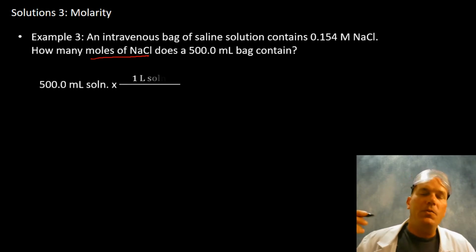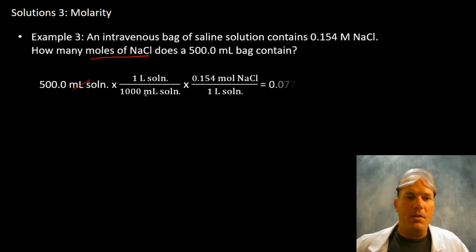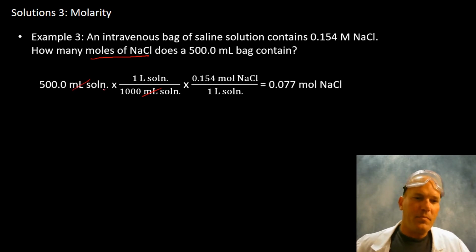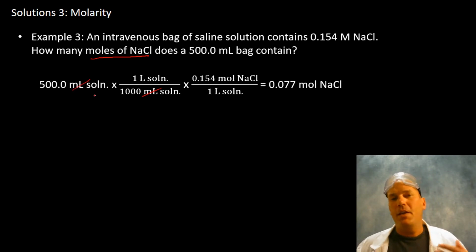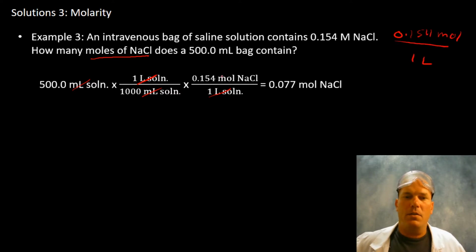If you start with the volume, you're going to do your conversions, dealing with the fact that there are 1,000 milliliters in a liter, or you can bump the decimal 3 to the left, as I already said. And then in 1 liter, that's the definition here: 0.154 moles of sodium chloride in 1 liter. So in 1 liter, we have this many moles.